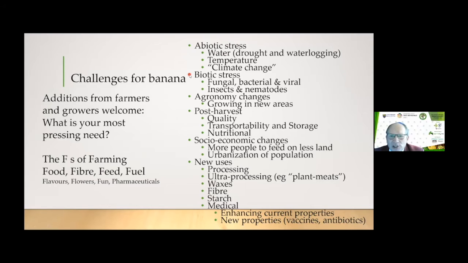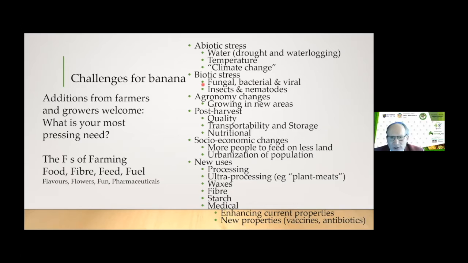Plants, just like humans, suffer from fungal, bacterial, and viral diseases. And we really don't want to use drugs and agrochemicals where that can be avoided. So how can we change and reduce the use of those through genetics in order to give resistances and high production even under those?